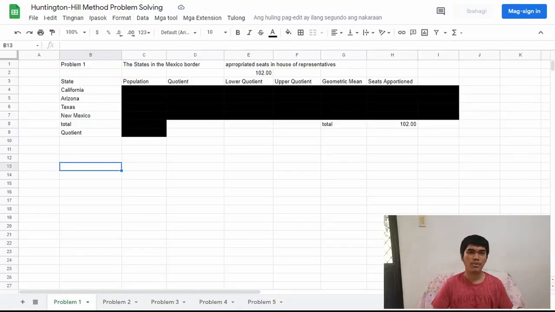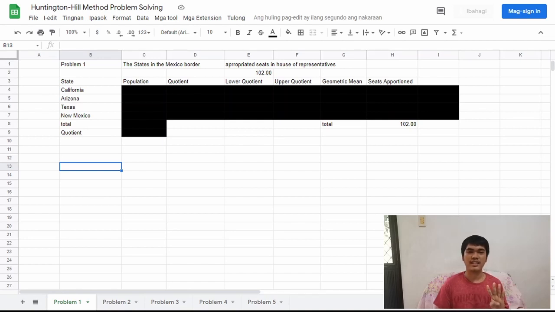So we will go to the problem solving. Problem 1. This is quite an interesting problem because we will discuss the states that border Mexico.